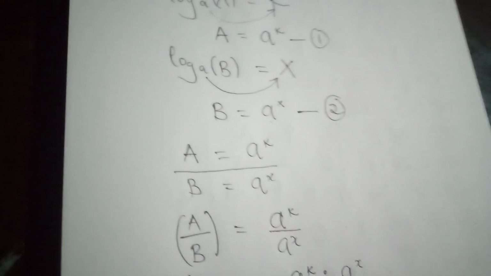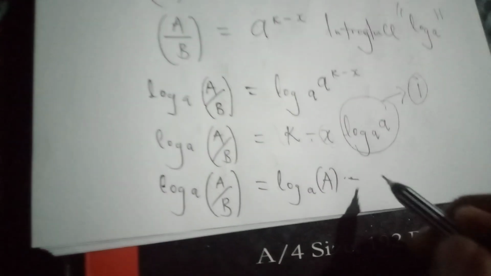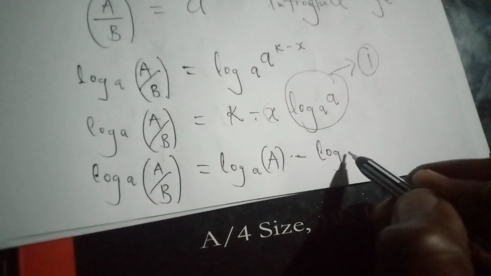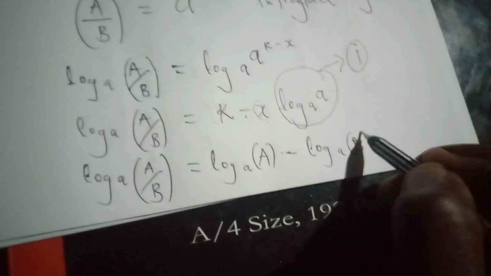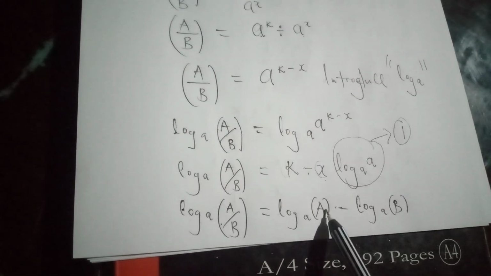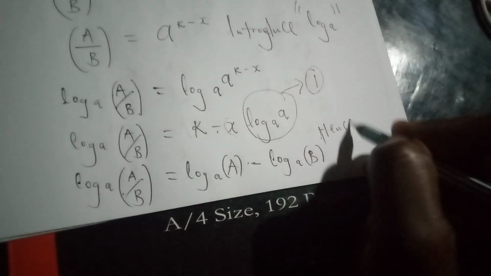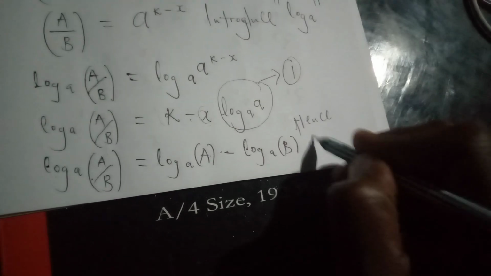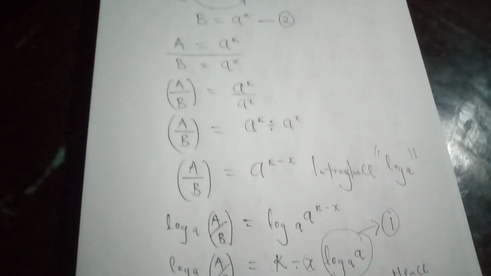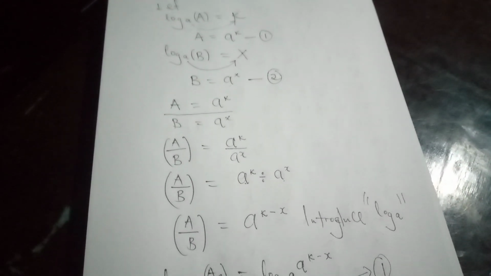You said x is log a of b. So this part is similar to that part. Therefore, hence proven. So this is how it was supposed to be answered. We can proceed to the next one.